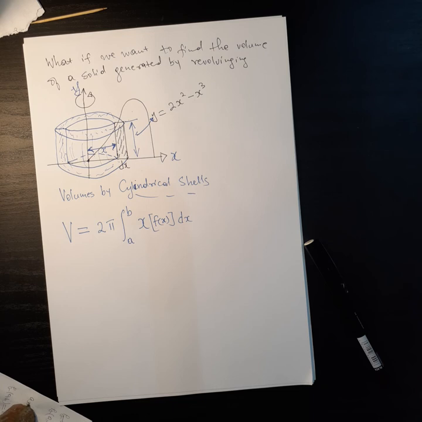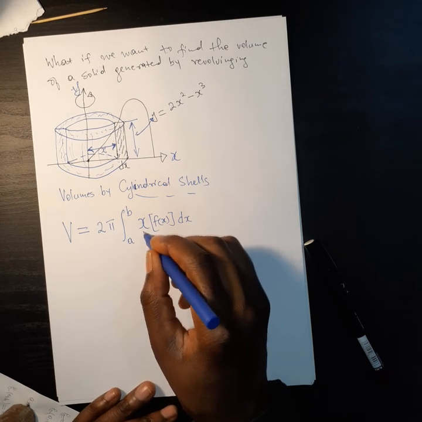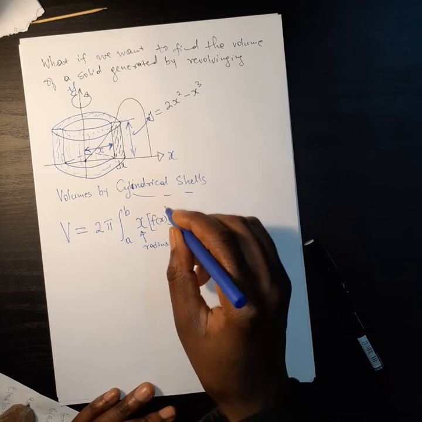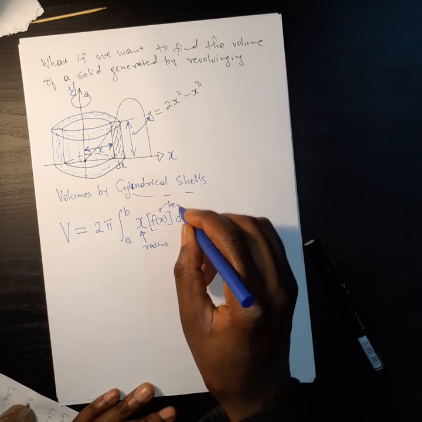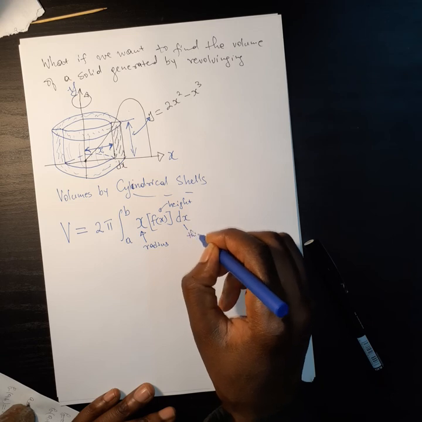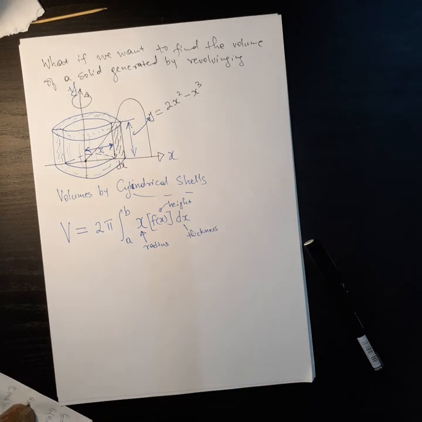So you can check on page 42 of our notes, and then you will see that we have explained this formula. So this is the radius, this is the height, and this is the thickness, like that.